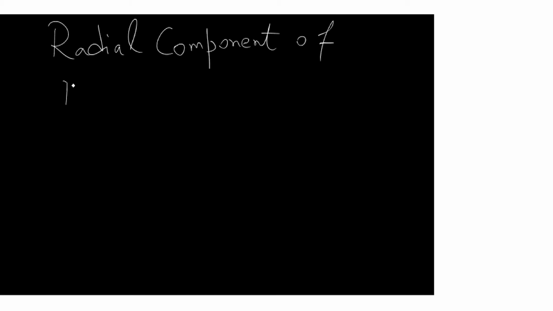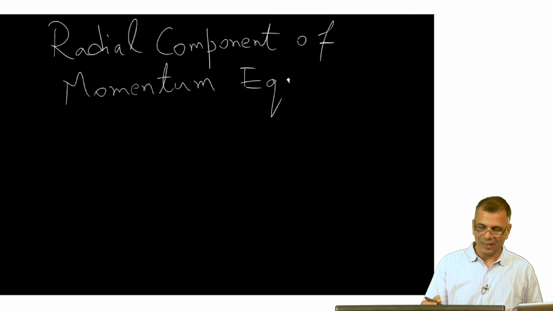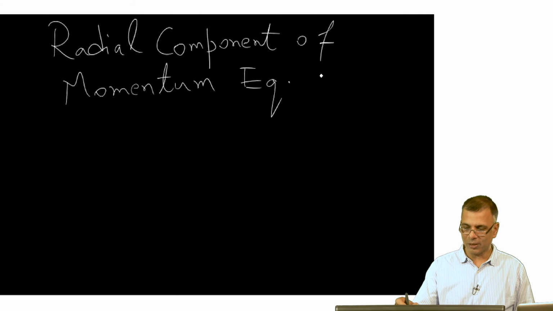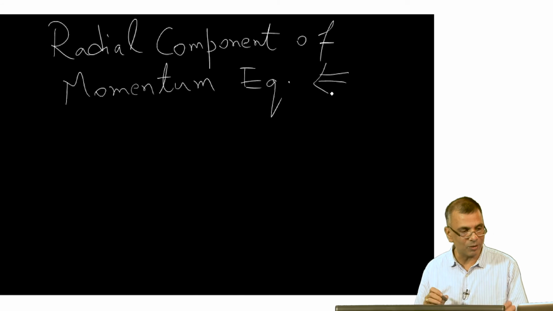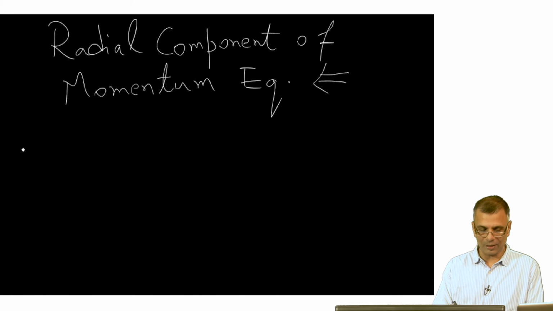Now, let us turn our attention to the radial component of the momentum equation. Remember, we started out by saying that we will consider the vertical part, the radial part, and the azimuthal part all separately. So, now we consider the radial component of the momentum equation, which in cylindrical coordinates looks like this.